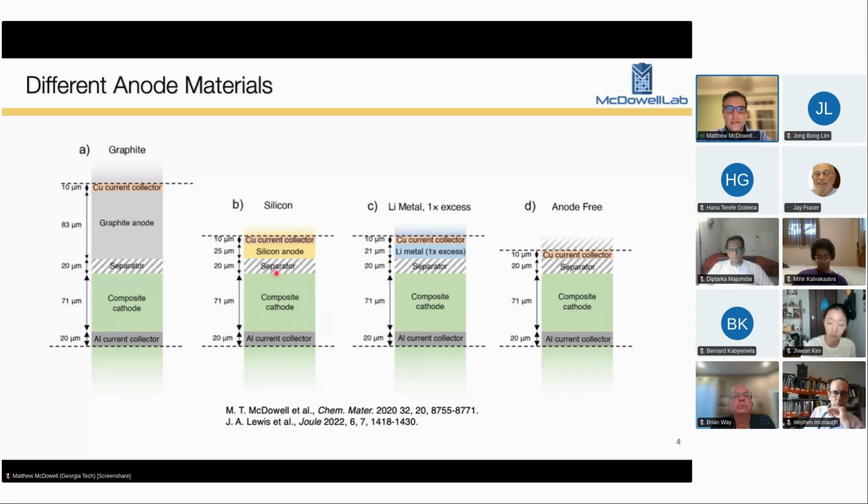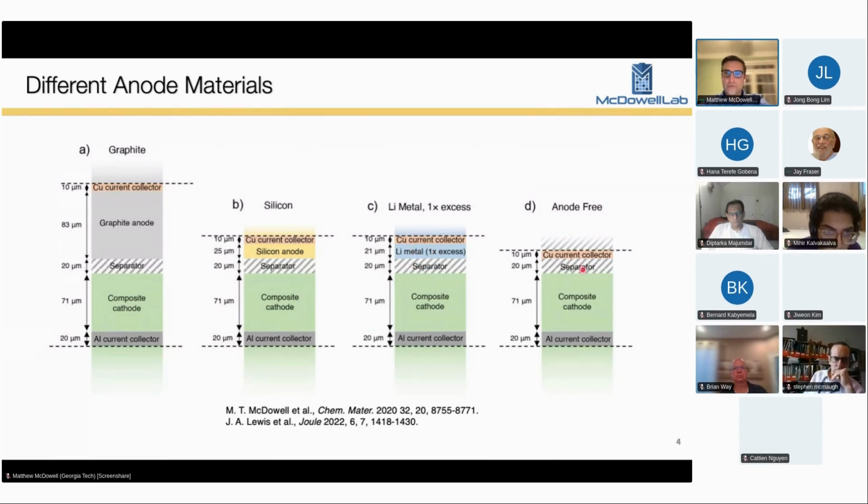All right, so the main electrode materials are shown here. These are battery stack schematics, showing a typical lithium-ion battery with graphite, and then 3 different cells with other anodes. Here's a silicon-based anode, showing the decrease in cell volume when you go from graphite to silicon. Here's a lithium metal anode, where you have excess lithium metal present at the anode.